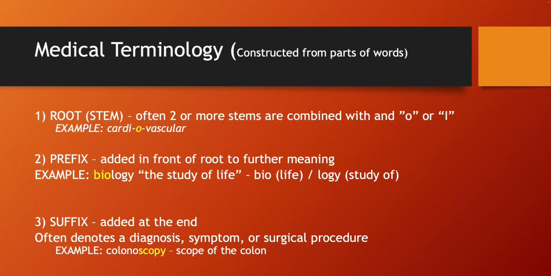So in my example here, I have colonoscopy. This is colon. The O is in the middle to divide the words. And scopy means a scope. So this is looking into the colon with a scope, professionally and medically. So prefix, suffix, and then we got the stem in the middle.